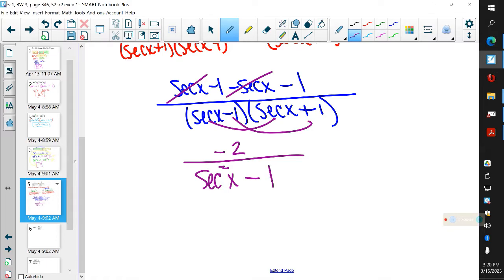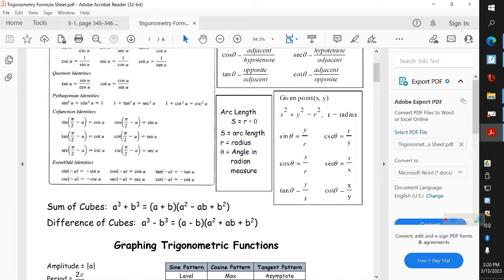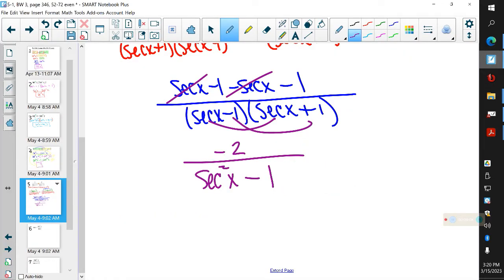Let's go ahead and use our trig identities. So if we use our trig identities, secant squared minus 1. So if I'm using this right here, secant squared of x minus 1 is equal to your tangent squared of x. So I'm going to come back over here, and this becomes a tangent squared.